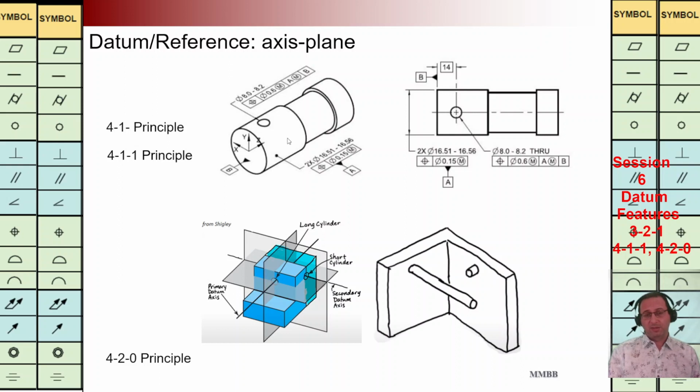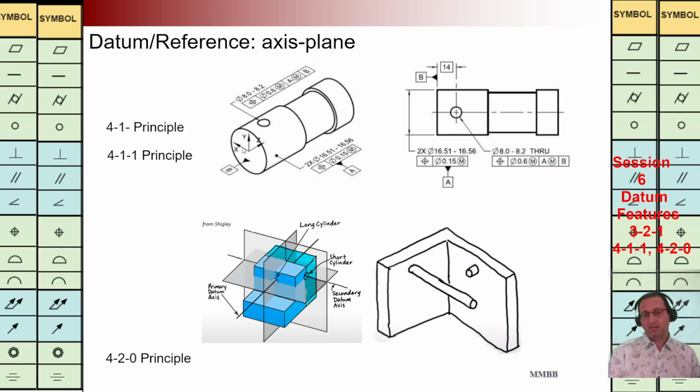Let's see this example. Here, in this example at the top, I'm going to define the axis of this part of pin as a datum axis. It is along z-axis, and for secondary datum plane, it is B. B is defined here.